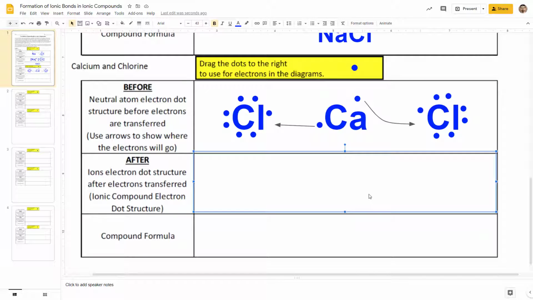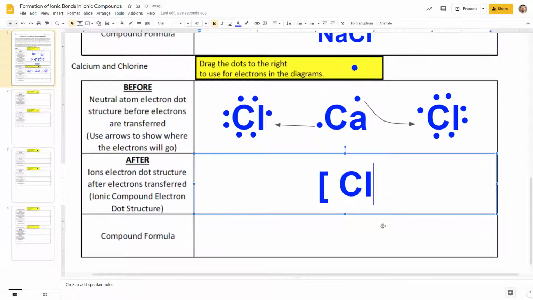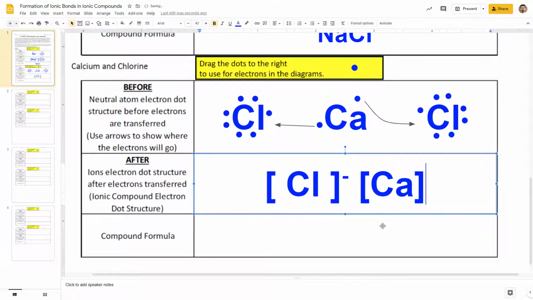And since we know exactly how many of each we need, I can do that right away. So I'm going to do a chlorine ion. I know because it gained an electron, it's going to have a negative charge. Calcium, it lost 2 electrons.